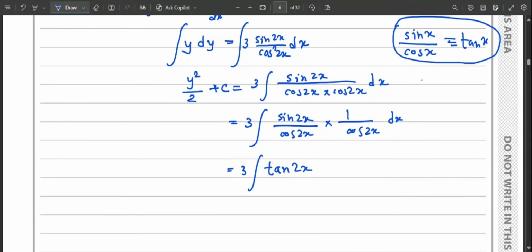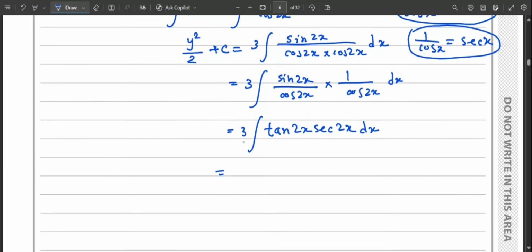Now we also know from our definition of sec x that 1 by cos x is sec x. So 1 by cos 2x will be equal to sec 2x dx. Now this is our simplified expression that we can integrate.